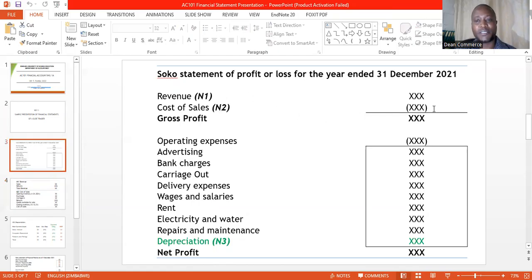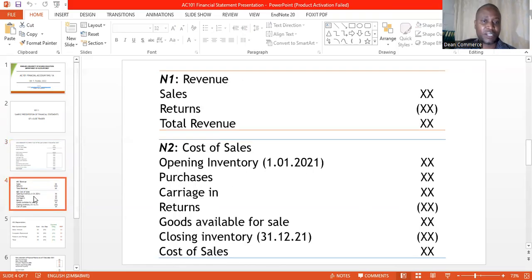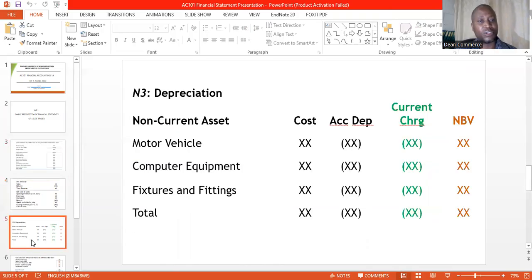So we deduct the cost of sales to get the gross profit, but the cost of sales are generated as I have indicated in note number 2.